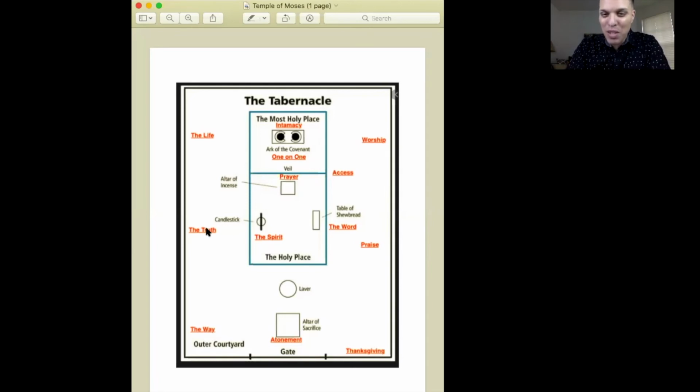He is the truth. The Spirit illuminates the Word. The Word reveals who God is and his plan for us. But he is the life. We are sustained by him, and we are intimately able to connect with him one-on-one in our worship, in our connection with him, because of what Christ has done.